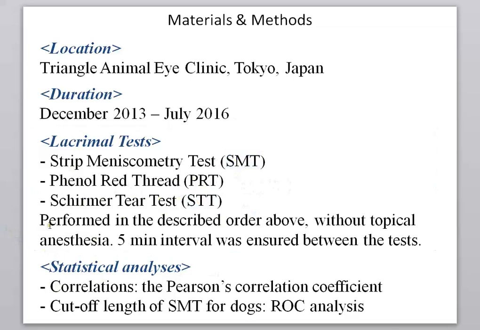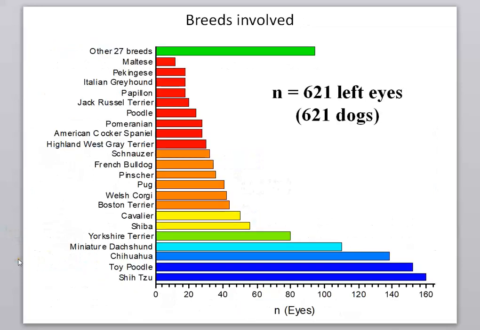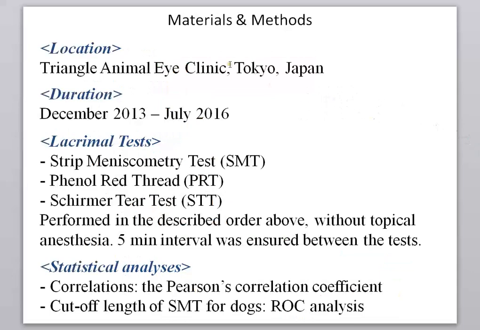These three lacrimal tests were performed under this condition. The sample size was 621, obtained from the left eyes of 621 dogs. I believe that this number is large enough to ensure statistical robustness.